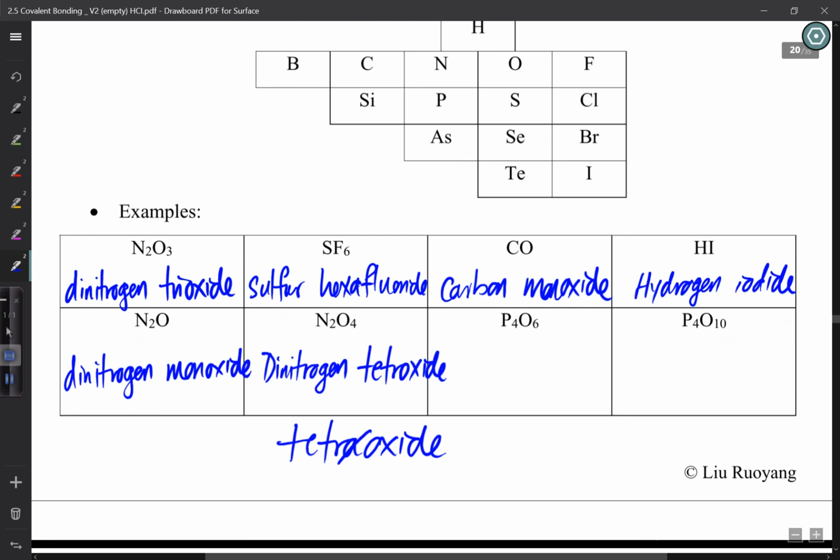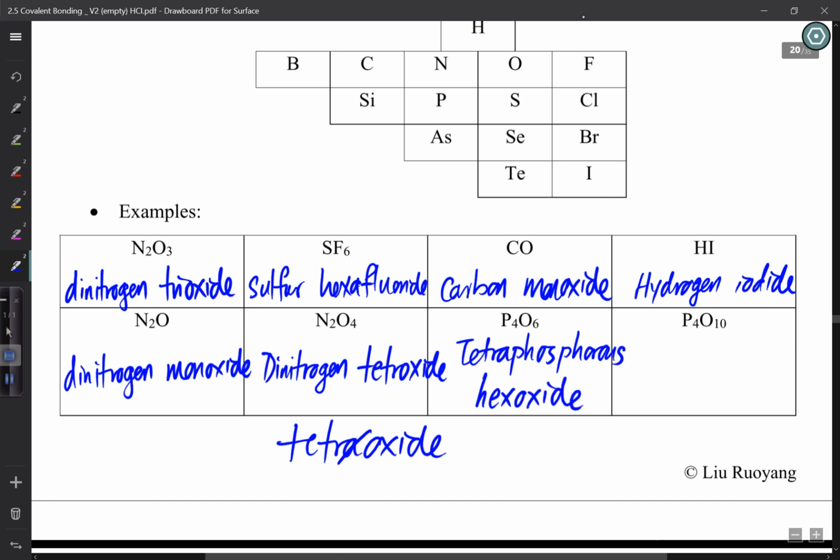The next one, P4O6. Tetraphosphorus hexoxide.